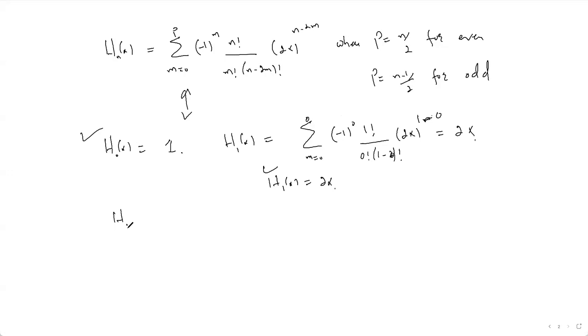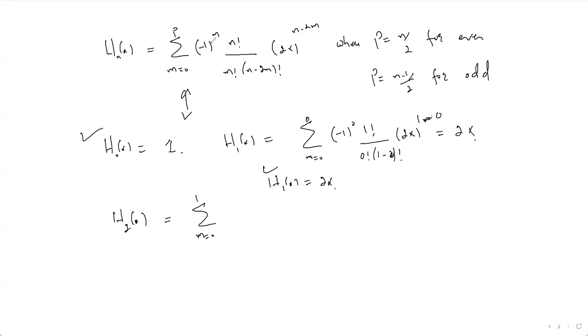Similarly, you can find h2 of x. What is h2 of x now? Now h2 of x, the summation will run from m equal to 0. Sorry, n equal to 2 is even, so the summation will be up to n by 2. n हमारे पास क्या है 2, 2 by 2, so the summation will run from 0 to 1. So we will get two terms, एक में आपका m equal to 0.